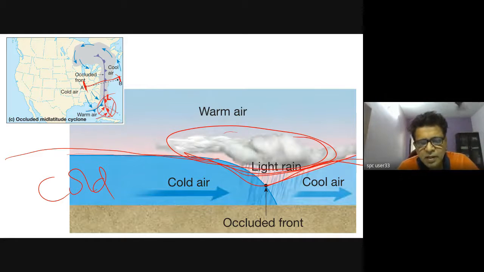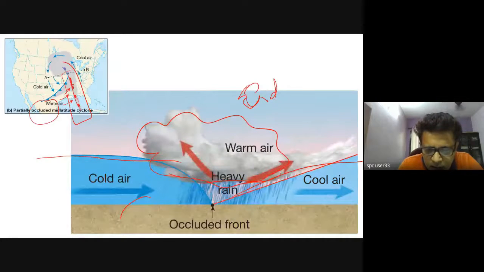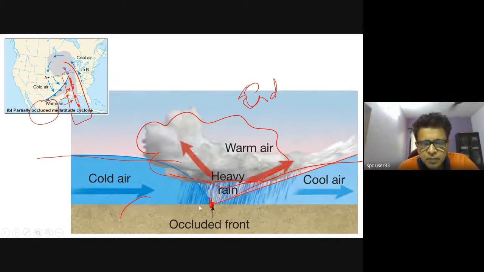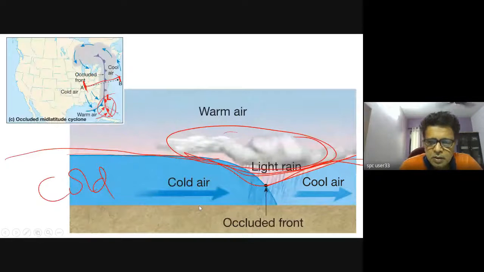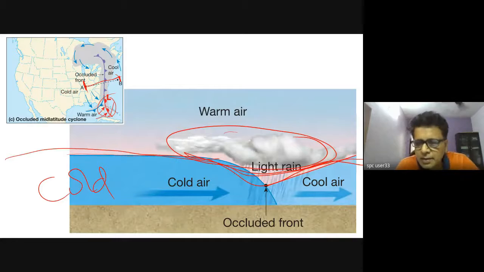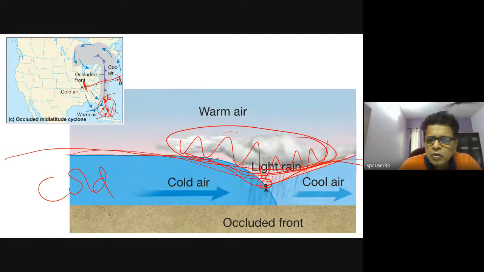It is the next stage after this. Here is where the occluded front is. Some part of the warm air is still touching the surface. However, here the occluded front has gained height. It has moved to a height, and that's why the warmer air is completely lifted up, and what remains along the surface is colder air.